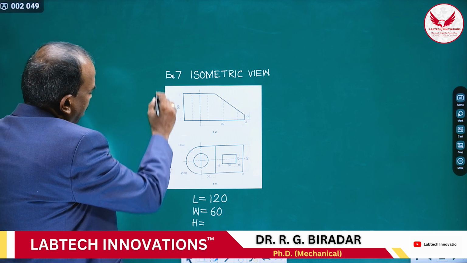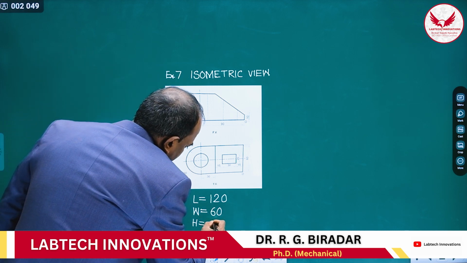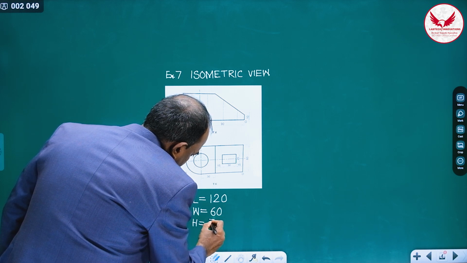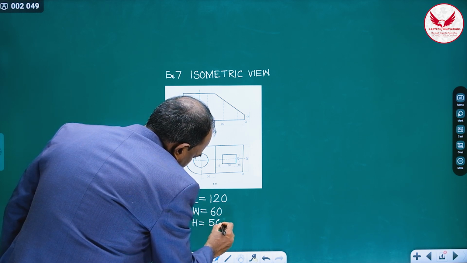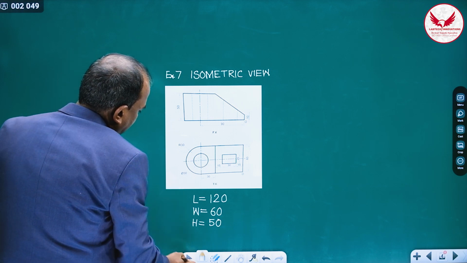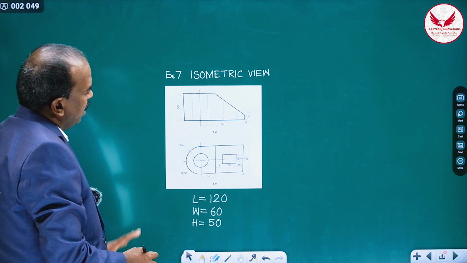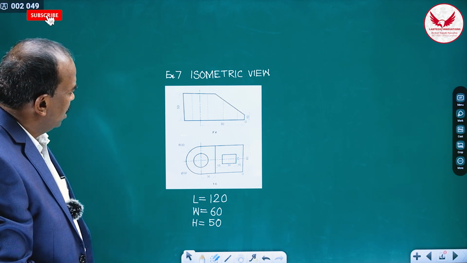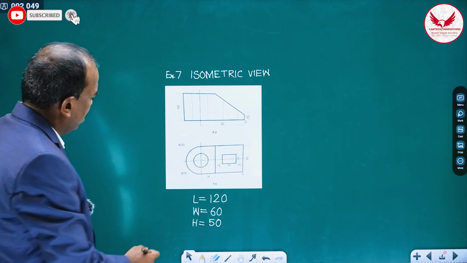And the height of the object is also directly given, it is 50. So with these three dimensions we can prepare the isometric box and then draw the isometric view of this object.